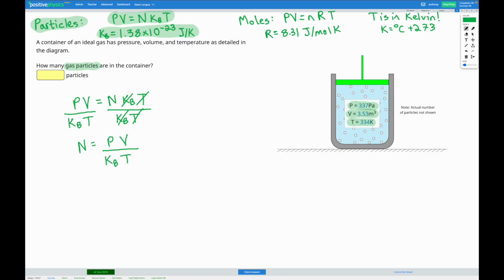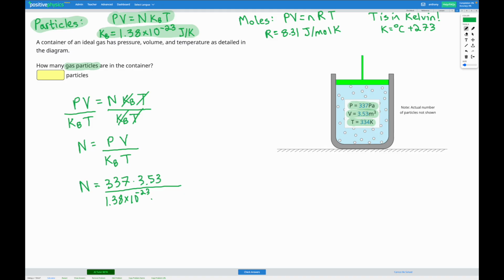So all we need to do now is go ahead and put in our numbers. P is our pressure in pascals, which from our image is 337, multiplied by volume, which from the image is 3.53 meters cubed, divided by KB, our Boltzmann constant, which is 1.38 times 10 to the power of negative 23, multiplied by T, our temperature in Kelvin.